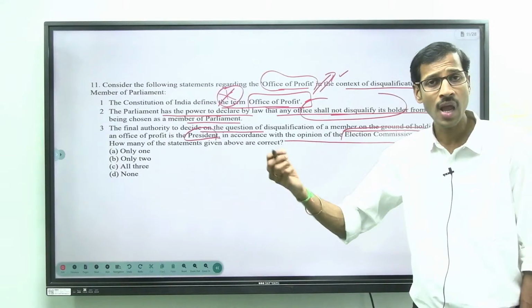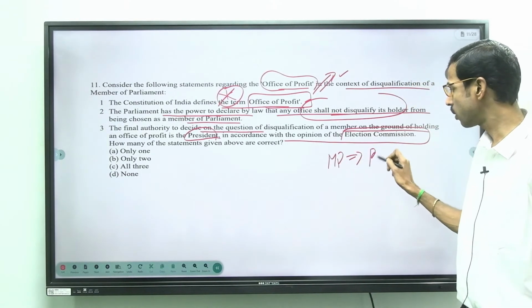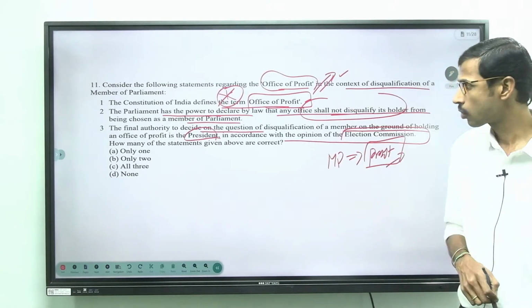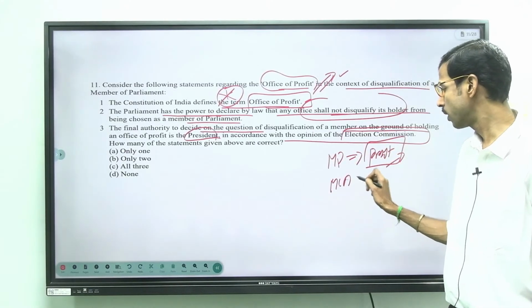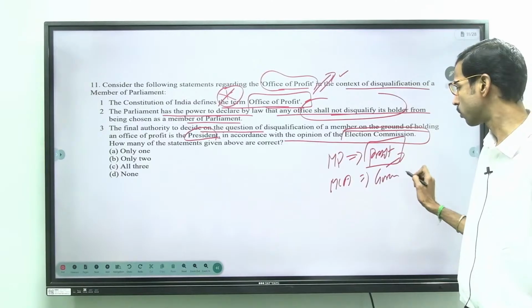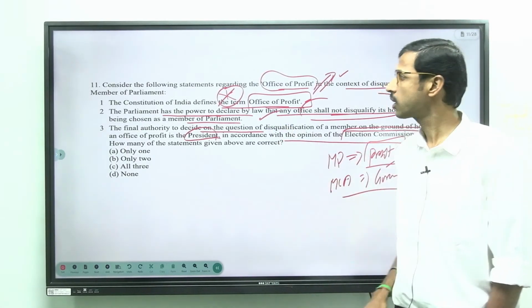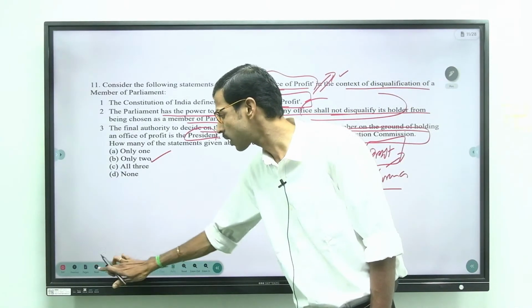If it is any MP-related matter, the president gives the prior permission, in accordance with the election commission only. If it is an MLA, the governor gives the permission, right? That is the difference here. So these 2 statements are correct here. Only 1 statement is wrong. So only 2 means B is the correct option.